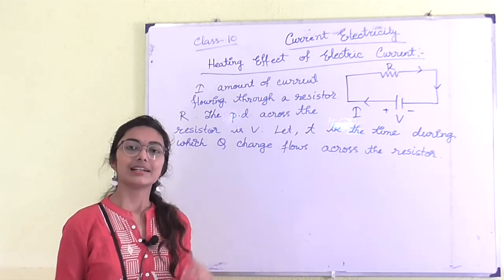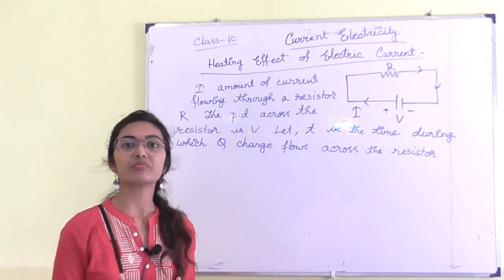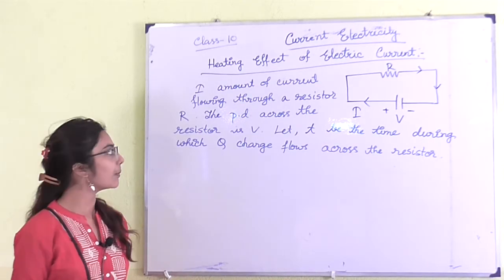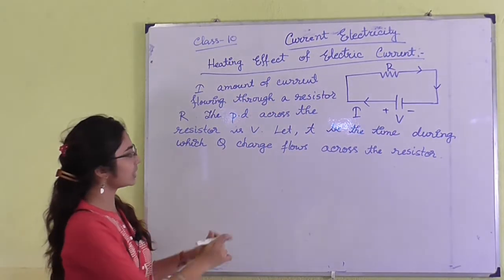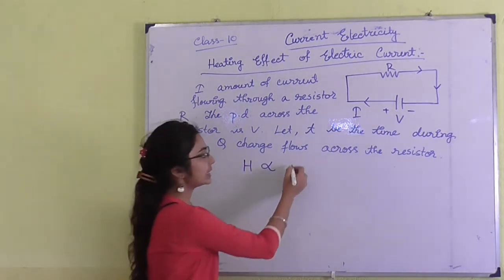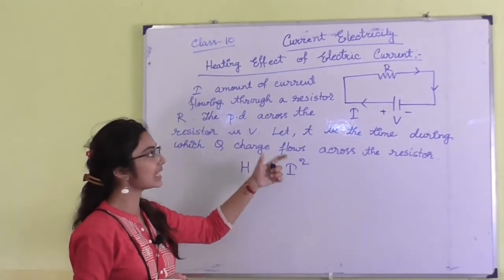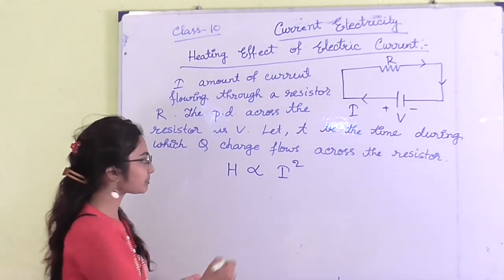As the resistor is heated, more heat will be formed. From electric energy, heat energy will be formed. This heat energy depends on the amount of current passing. So heat energy is proportional to I square. If there is more current, more heat will be formed.